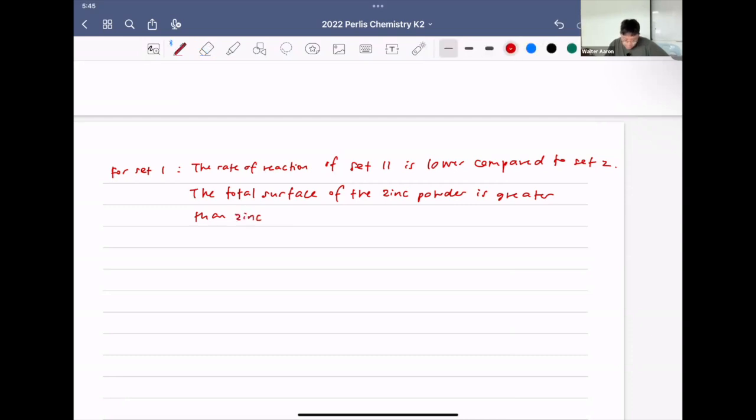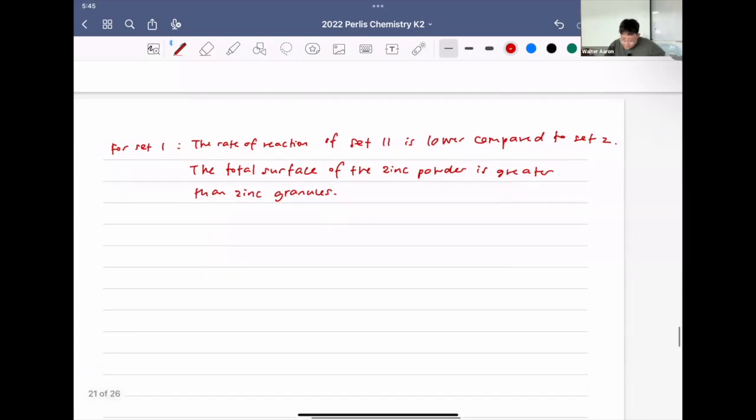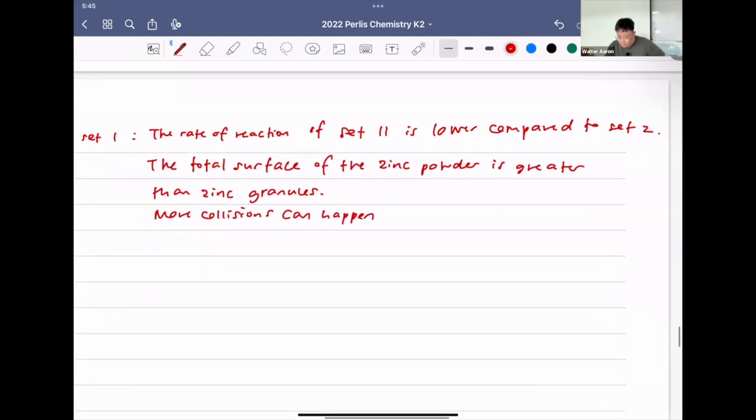Then zinc granules. Okay, so you see over here that more collisions can happen, or the number of collisions can increase. I don't want to wait lah.